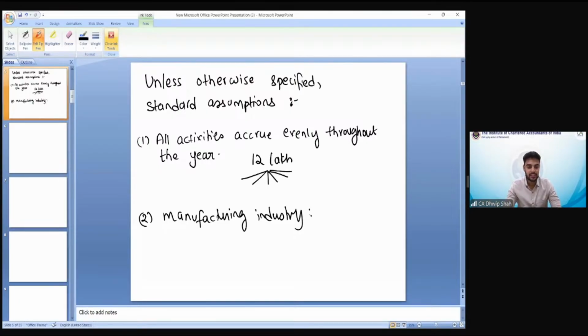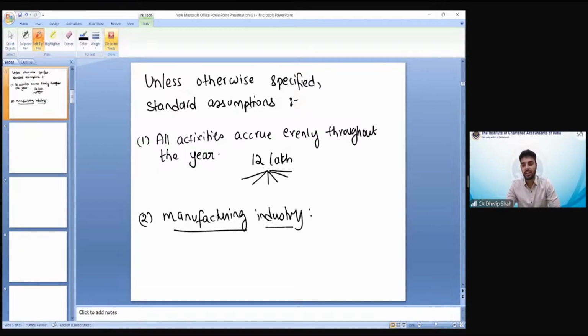So ICAI's simple logic is, if you are able to learn how to estimate the complex one, then the easier one is very simple. Means you will already win by default, it will come to you for trading and services. Okay, so as far as our academics is concerned, we would be learning working capital estimation for those businesses which are into manufacturing industry.